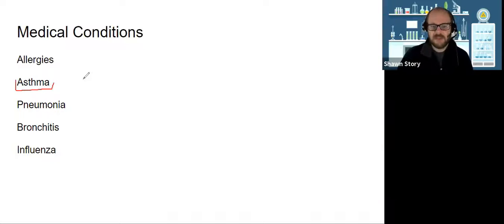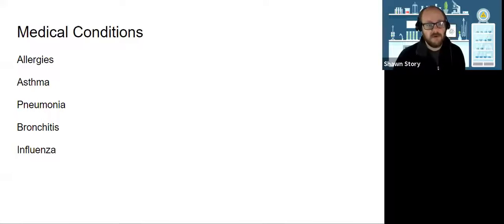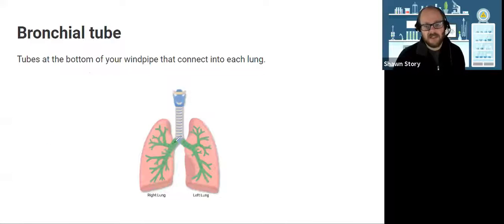Asthma. What is asthma? It has something to do with difficult breathing, but I'm not sure. Yep, it does have to do with difficult breathing, and it affects the bronchial tubes and the bronchioles, which get swollen. That makes them thinner, which allows less air to come through.